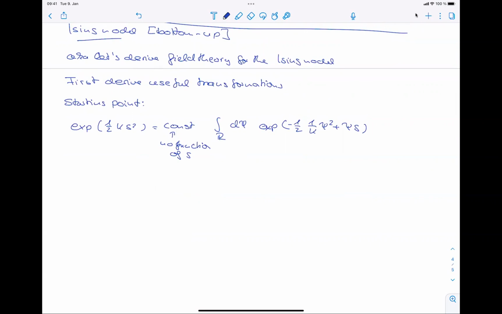But let's derive this. To see that this is actually true, let's start by looking at the right-hand side.